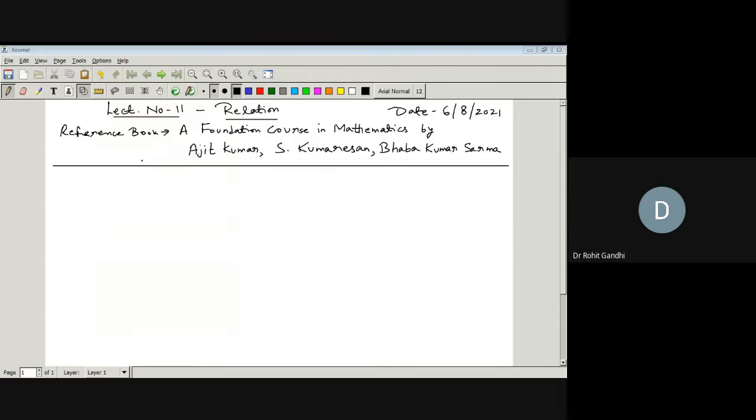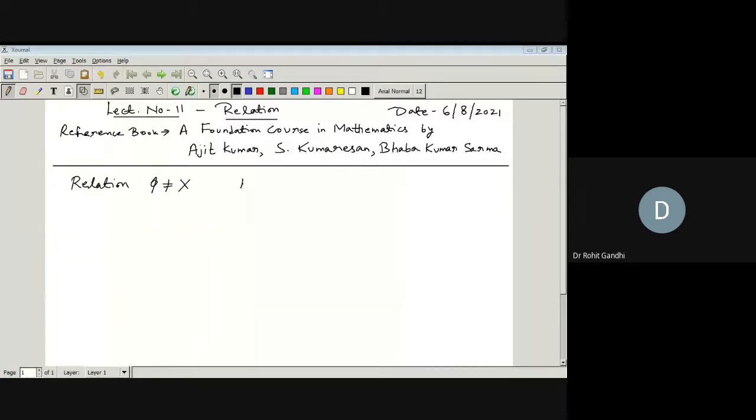Before moving to my topic, let us revise what we have done. We have talked about relation. What is a relation on a non-empty set X?